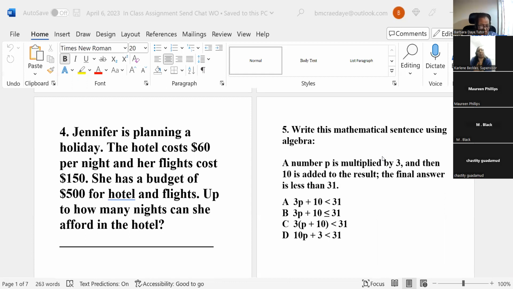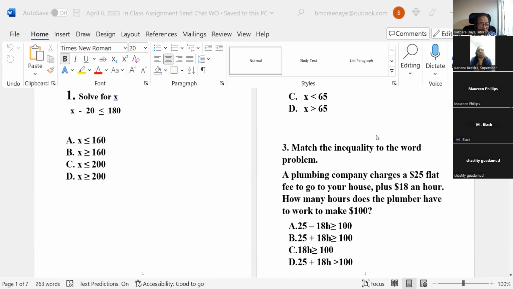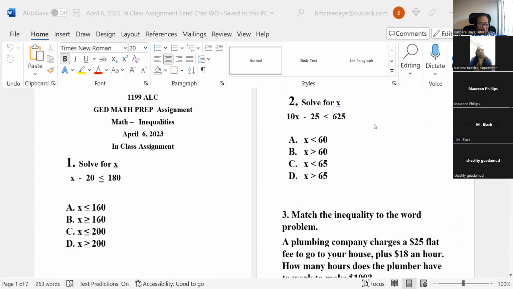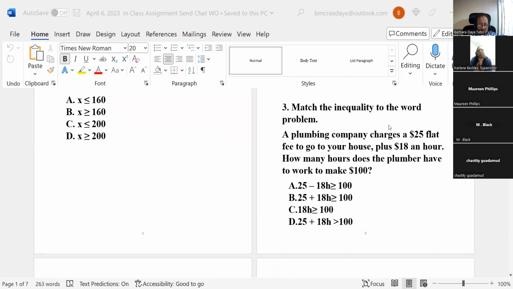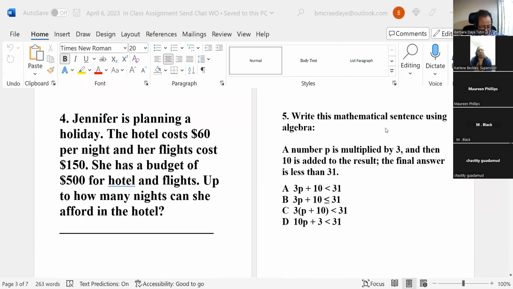I hope I see it before she slides it up properly. Here's number 5.